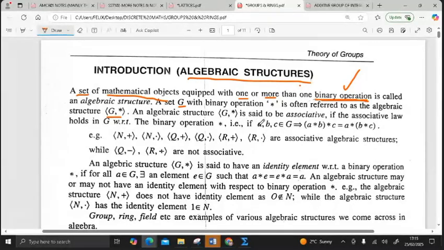And now we talk about the different properties of algebraic structures. Of course, these are properties that you've come across a number of times in a number of concepts. We have what we call associativity, the associative law.